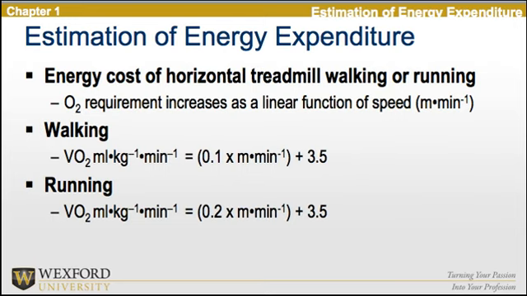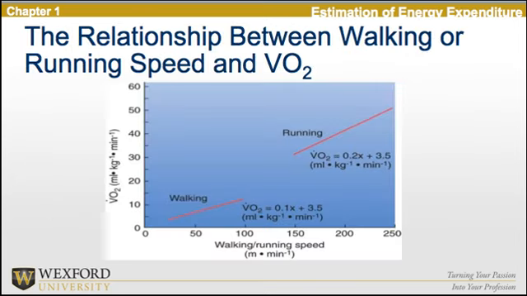The estimation of walking is VO2 in milliliters per kilogram per minute equal to 0.1 times meters per minute plus 3.5, while running is VO2 in milliliters per kilogram per minute equal to 0.2 times meters per minute plus 3.5. Please take a moment to look at the relationship between walking or running speed and VO2 in the graph below. Again, you will note that both of these are a linear function.